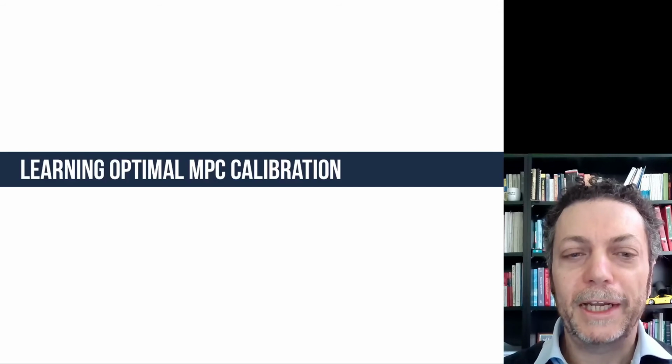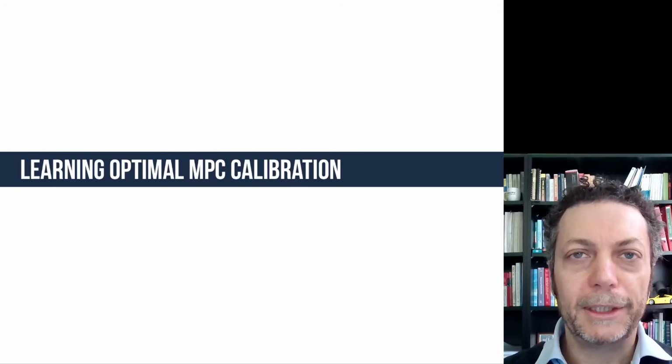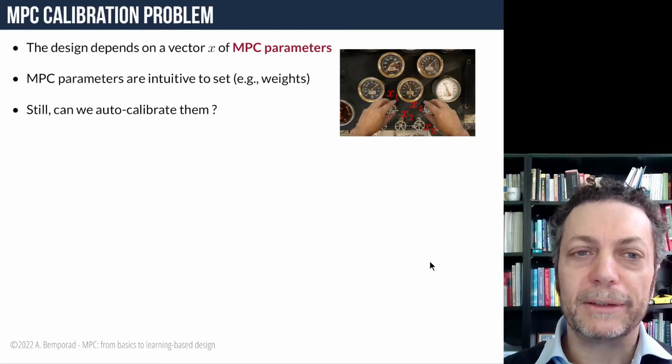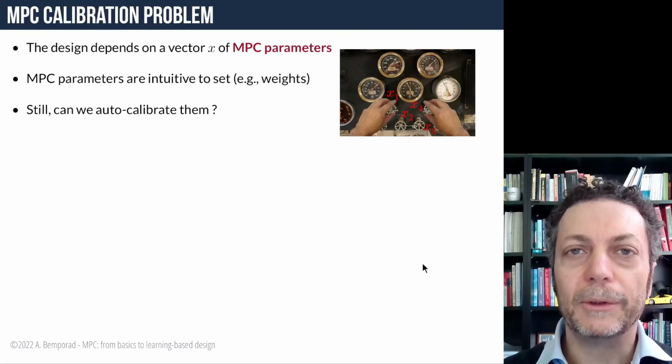The last part of this lecture is about using learning methods for calibrating in an optimal way the parameters of the MPC controller. So we have seen MPC depends on several parameters, for example, the weights or the constraints on input increments and the prediction horizon.